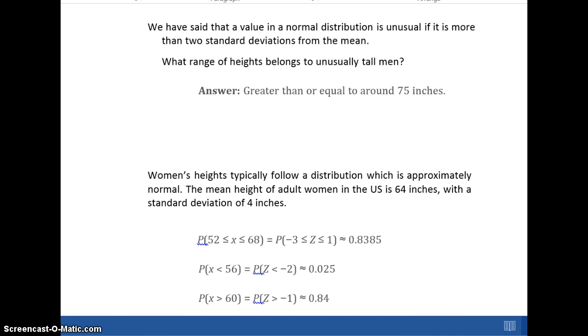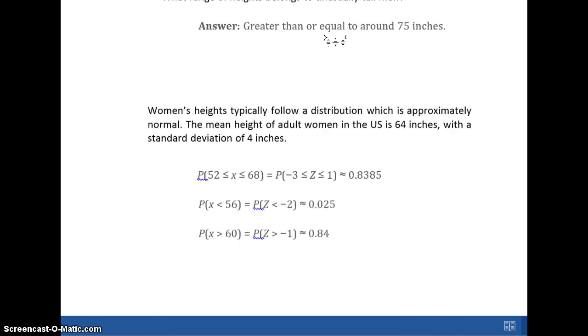So, what range of heights belong to unusually tall men? Now, tall would be 2 standard deviations above the mean. 69 plus 6 is 75. So unusually tall would mean we're more than 2 standard deviations from the mean. So we're above 75 inches.